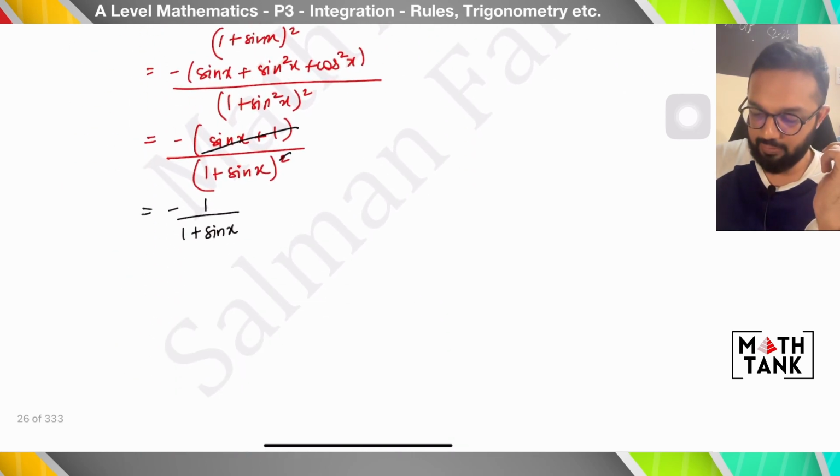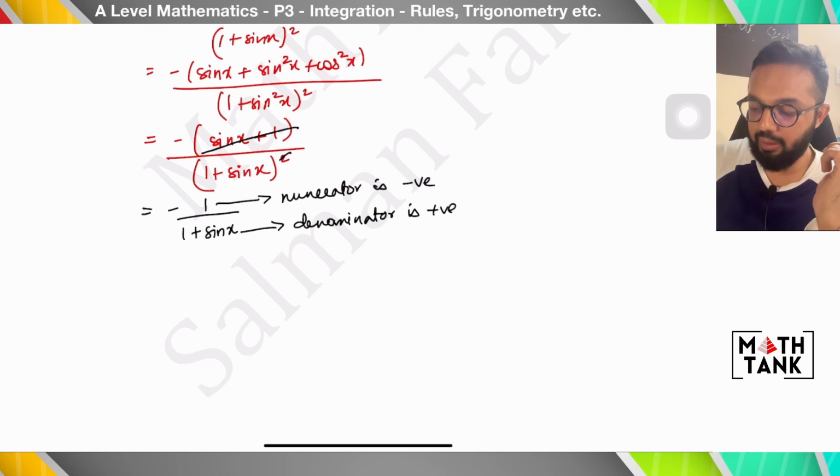Now if I notice this expression that I have, the numerator is always negative and the denominator is always positive, because sin x is always between minus 1 and 1 in that interval.